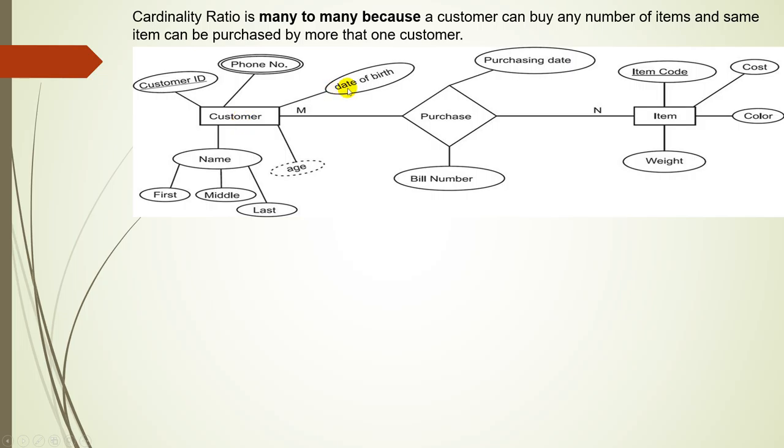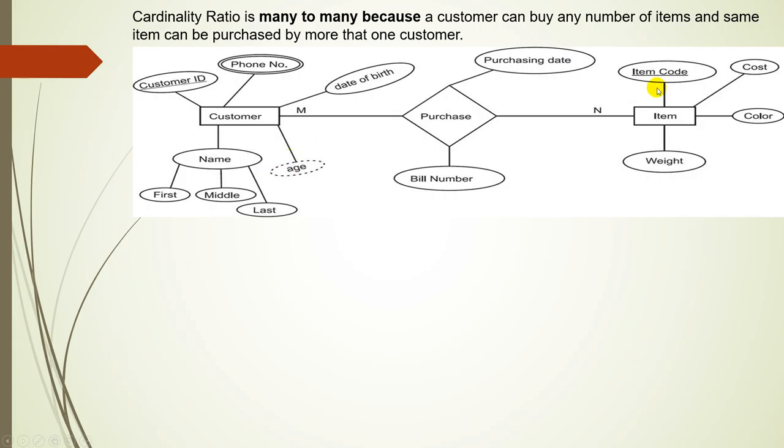So date of birth 1, customer ID 2, first, middle, and last 3, which shows 5 fields. And age: we cannot define a cell for age, but in queries, when we retrieve the data, we calculate the difference between the date of birth and the system date to get the age. We call this a derived field.